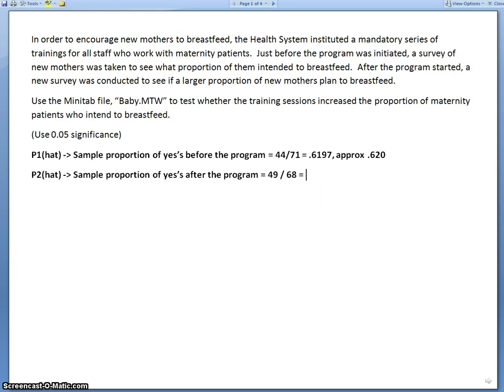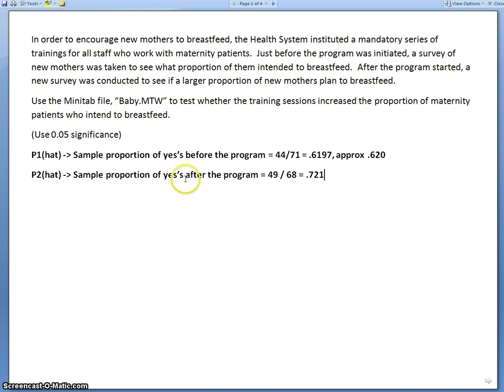And then if I put that in the calculator, I'm going to round this to 3 decimal points, we get 0.721. So P1 hat was equal to 0.620. P2 hat was equal to 0.720.